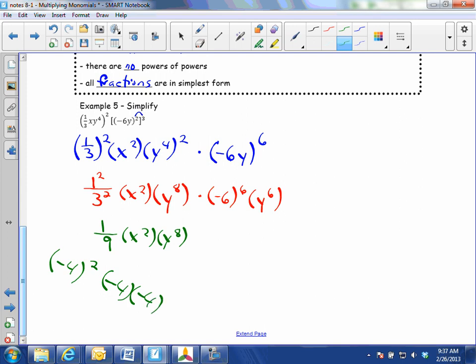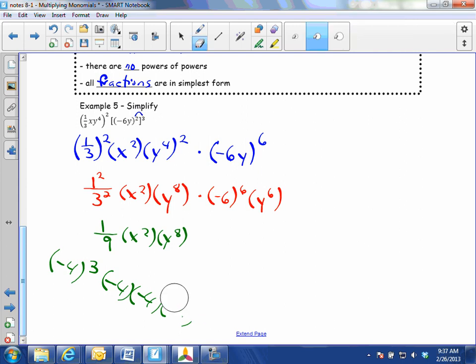What if I turned it into a 3? Negative times negative times negative is negative. So if it's a negative number that you're multiplying by the exponent, if our exponent is even, it's going to be positive no matter what. Odd, it's going to be negative.